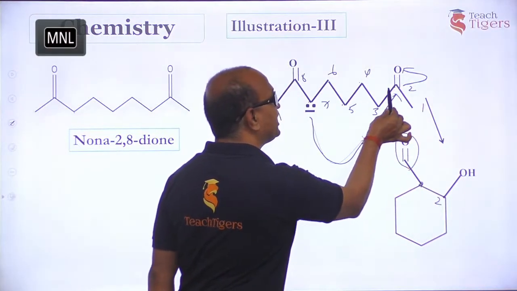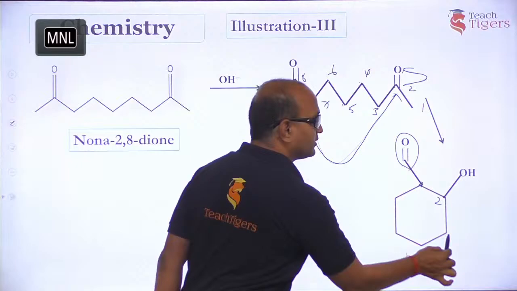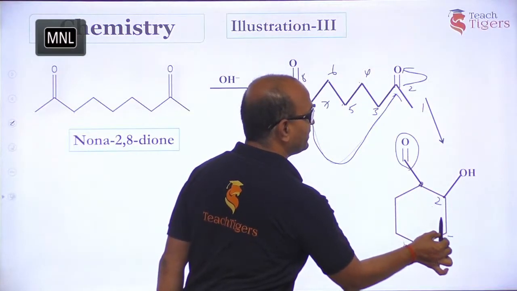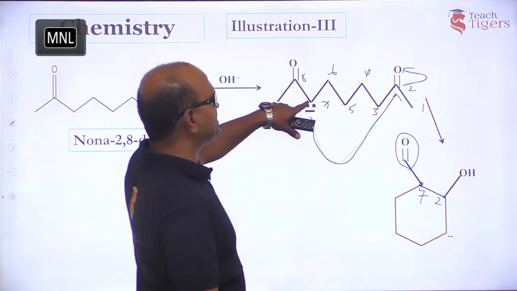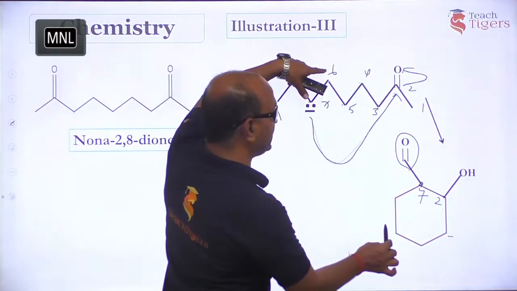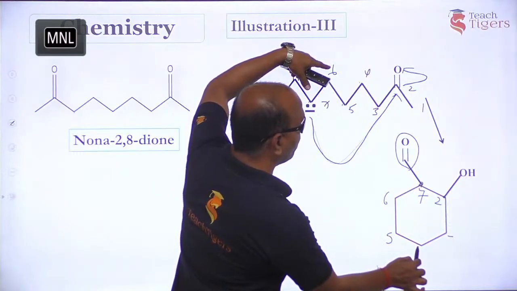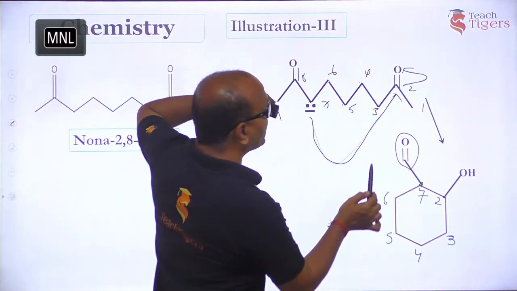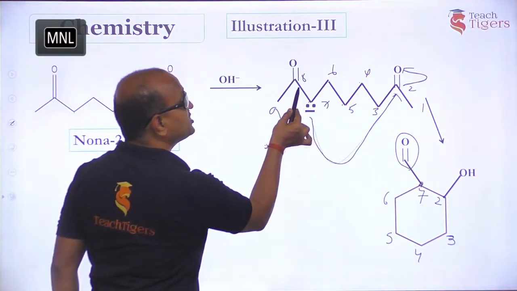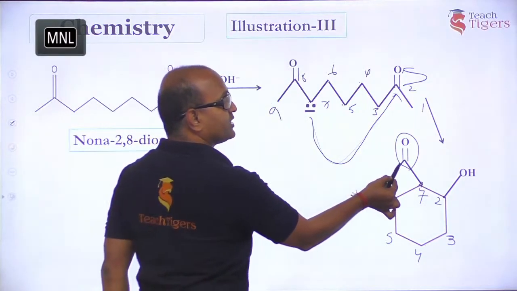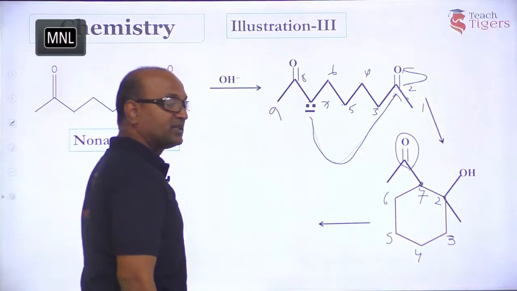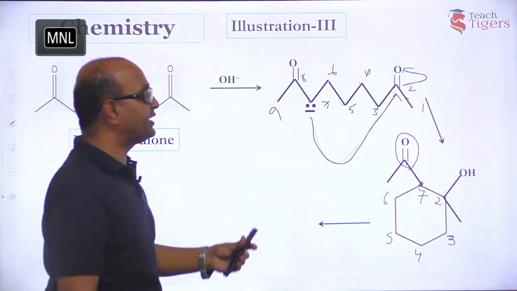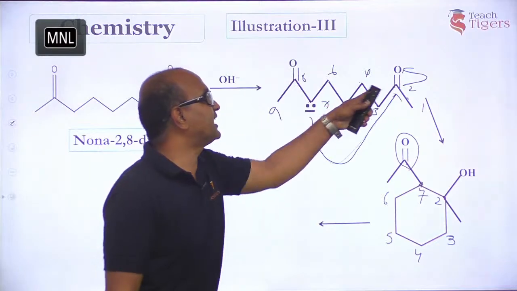This is getting bonded to the 7th carbon, so this is our 7th carbon, which is bonded to the 6th in the ring: 5, 4, 3 and 2. You can see this 7th carbon is also bonded to COCH3, and the second carbon is bonded to one methyl group. Clear? So just see how we number it. There is a bond formed between the 2nd and 7th.